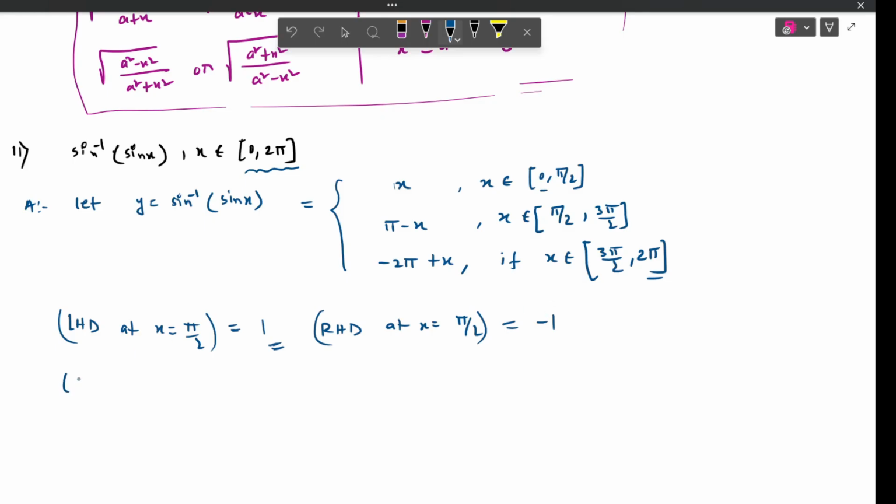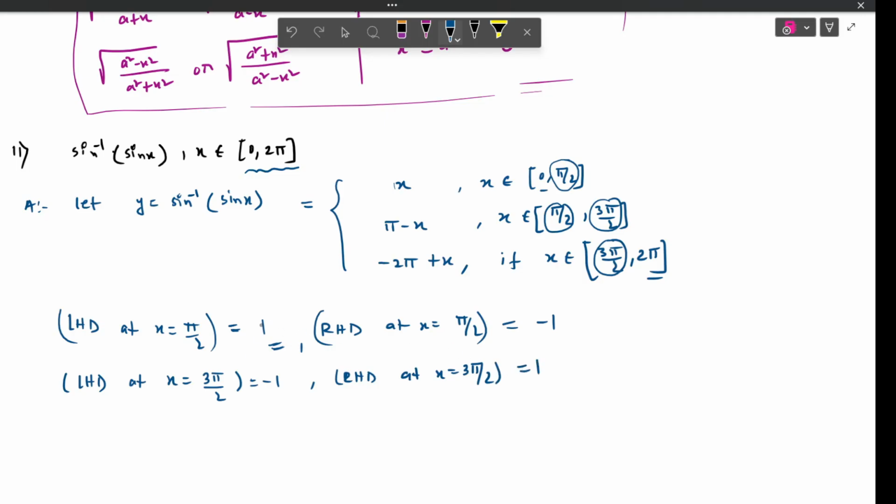And if we check the left hand derivative, we have checked at pi by 2, now we are checking at 3 pi by 2. So if we check this at 3 pi by 2, you will get minus 1. And if you check the right hand derivative at x equals 3 pi by 2, you will get 1.